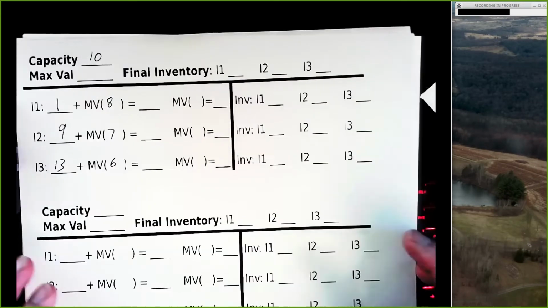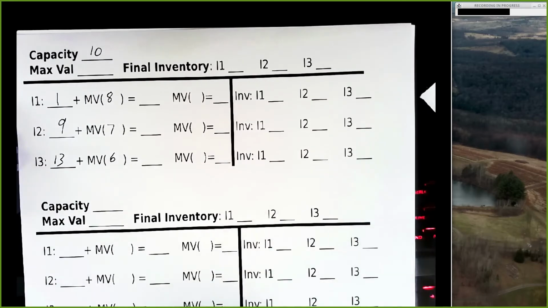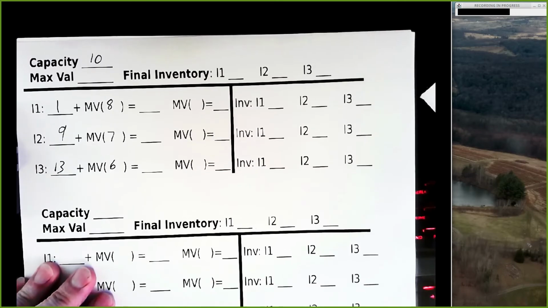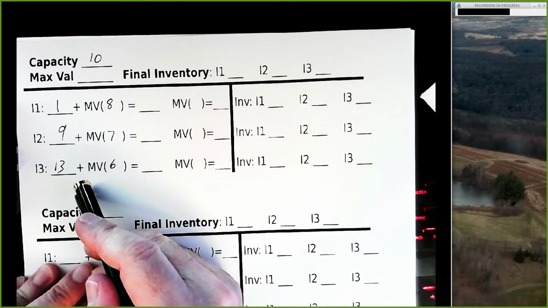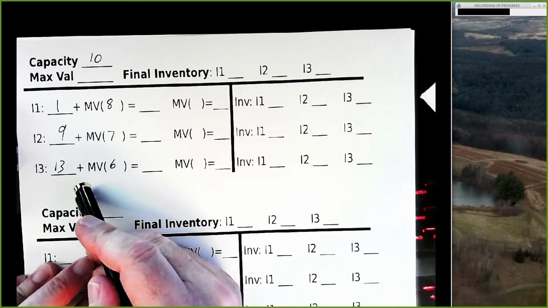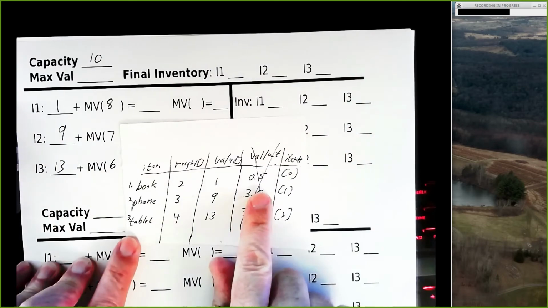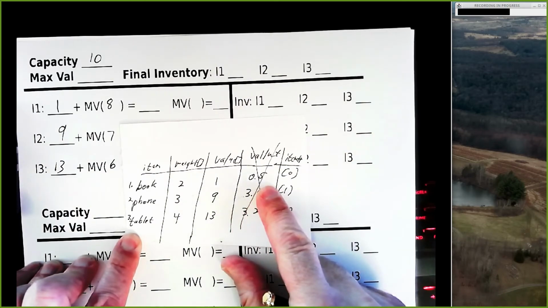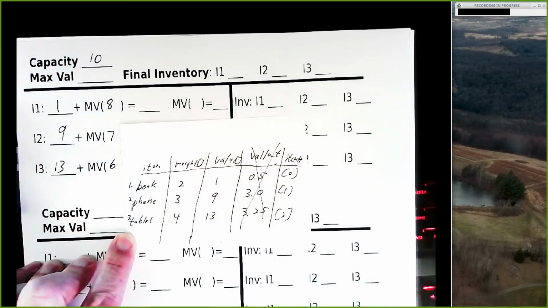Doesn't this fall under the greedy algorithm? No, because that will fit. No, okay. So we don't know which of these, so we're going to try all 3 of these. And we're also trying the possibility that we start with a book, which is a half-dollar-per-pound item, and that happens to be the first thing we're going to consider.